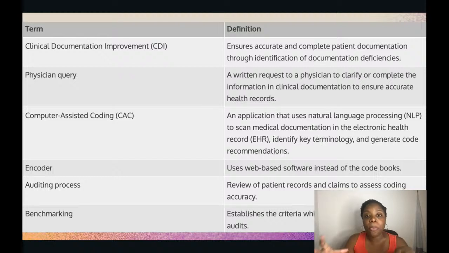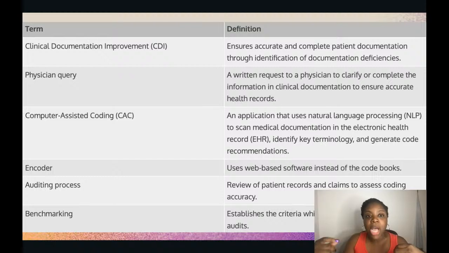So how this whole process works is that you would have a health IT professional, an HIM member of the team, whose job it is to look through documentation that is completed by the provider. And they're going to notice, hopefully, through their evaluation of any deficiencies that may be present.